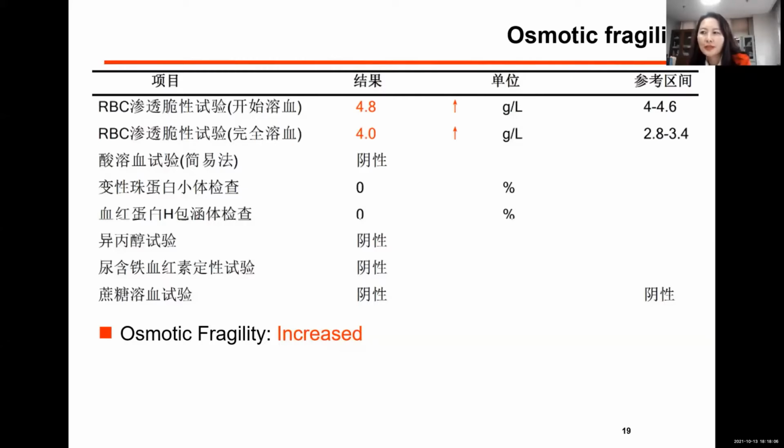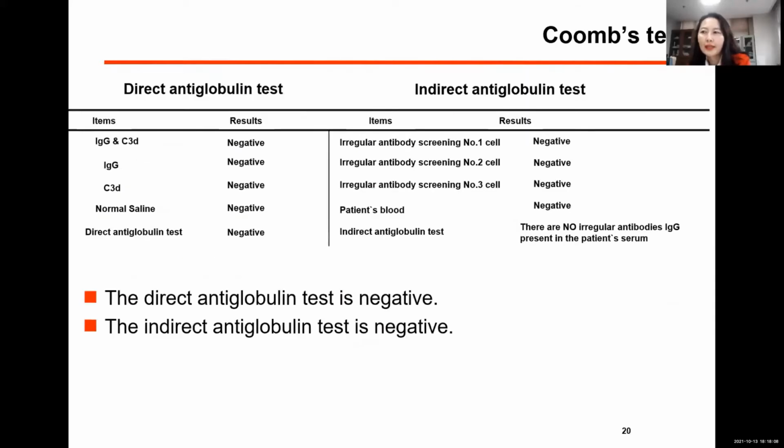We should do more tests. His Coombs test results show the direct antiglobulin test and the indirect antiglobulin test are all negative.